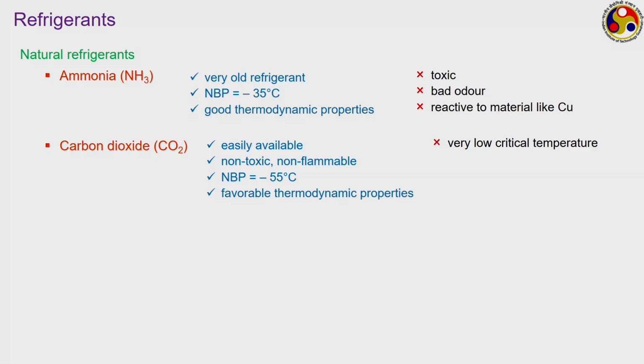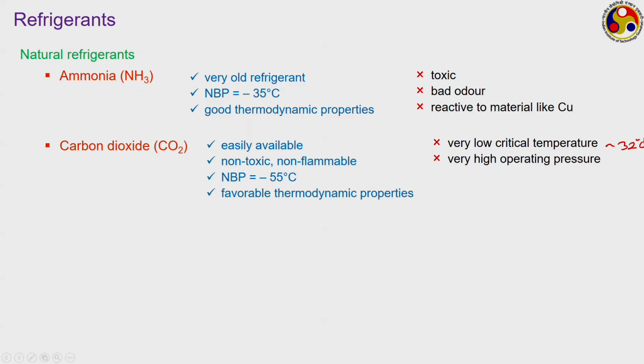But the problem with carbon dioxide is its critical temperature is very low. Its critical temperature is only around 32 degrees Celsius. So, it can go through phase change process only below this temperature or well below this temperature. So, in order to achieve phase change with carbon dioxide, your condenser temperature also has to be much lower than this.